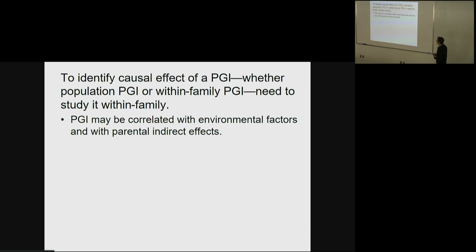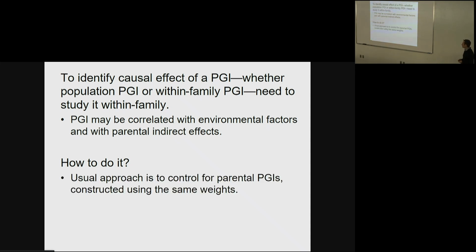So the first question I want to ask is, if you want to study a PGI, so we've just been talking about genotypes pretty much within family, but let's say we want to study a PGI within family, how would you control for the parental genetic variation? The usual approach is to control for the parental PGIs, constructed using the same weights that you use to construct an individual's own PGI. But to me, it's not obvious that that is the right thing to do, right? That that's going to get you the thing that you really want.